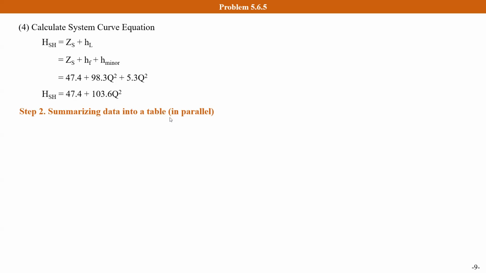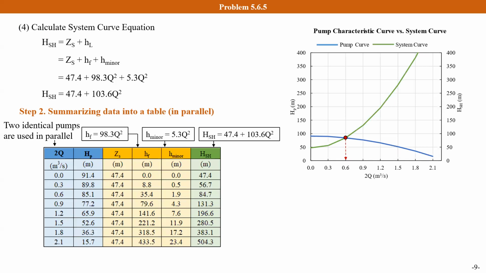So let's take a look at the first situation, which is to locate the two pumps in parallel. Because the two identical pumps are used in parallel, the total flow rate equals 2 times the single flow rate.